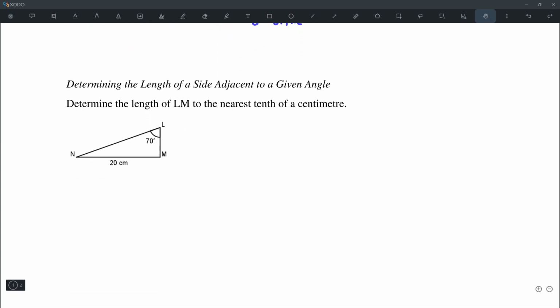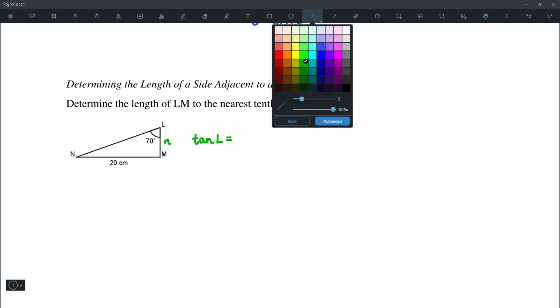In our second example, we are looking for the length LM, which we can also label as n, since it is opposite angle N. So here we have tangent L is equal to opposite over adjacent, just like in the previous example.